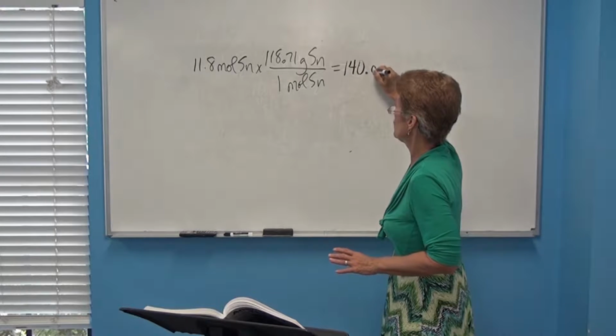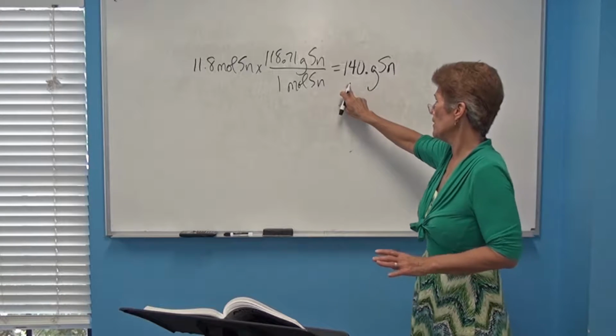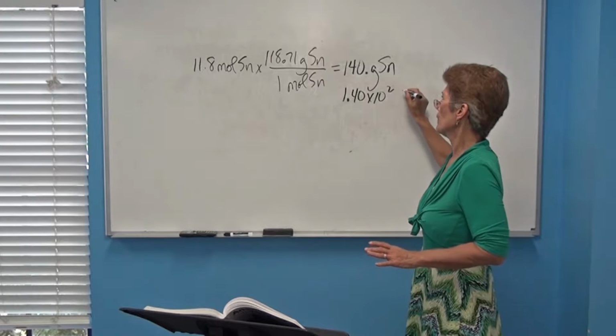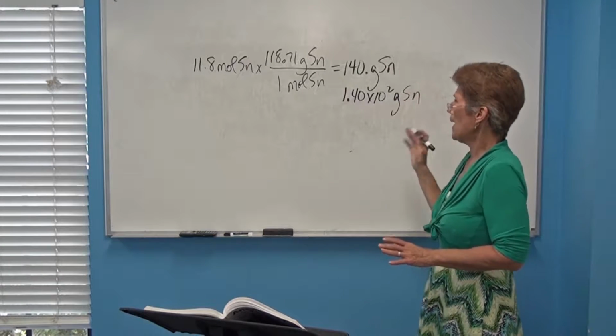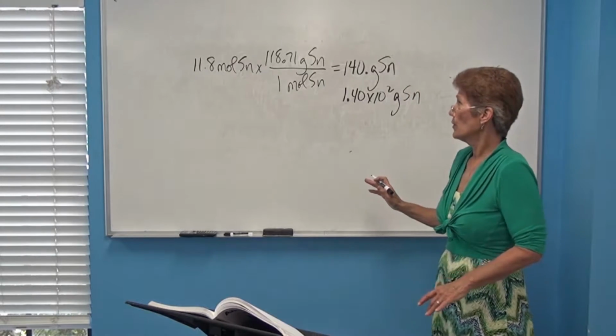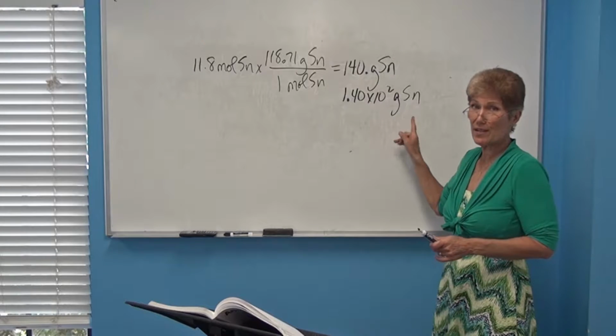You could either go like that and put your decimal place there showing that this is 3 significant figures, or you could have written it this way. But it had to be one of those 2 ways showing the 3 significant figures for 140. And you had to write grams of tin.